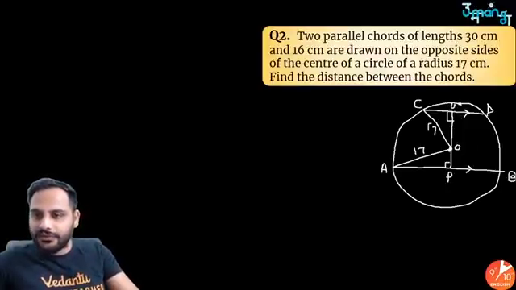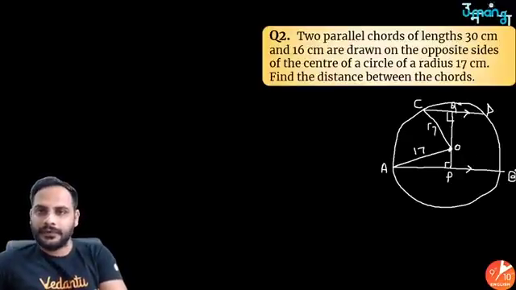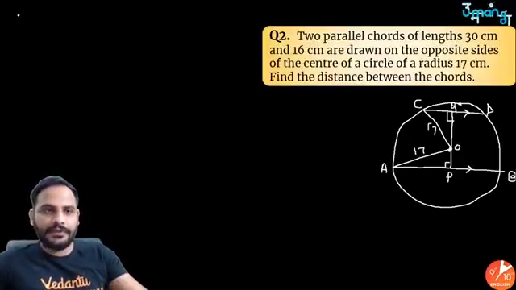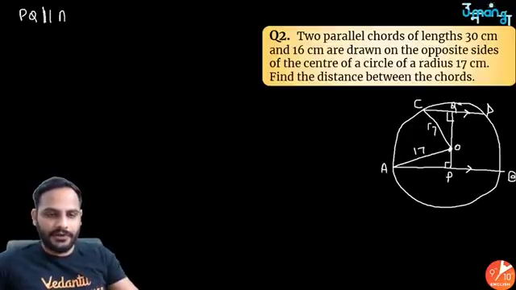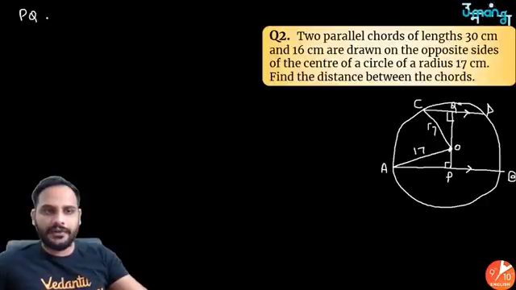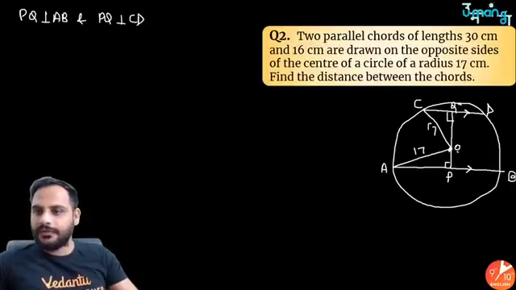So this PQ is a straight line. PQ is perpendicular to AB as well as CD, and PQ is passing through O.